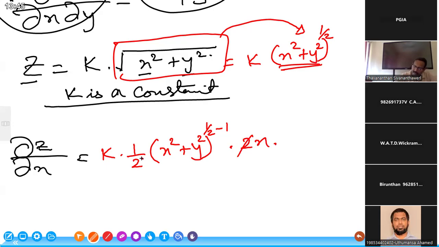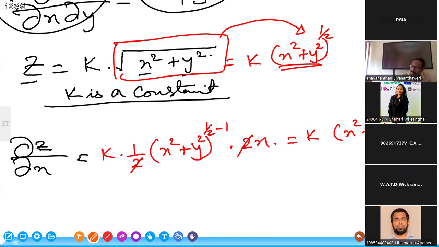So here 2 cancel off. The answer is k into x square plus y square to the power, anyone? To the power? Minus half.